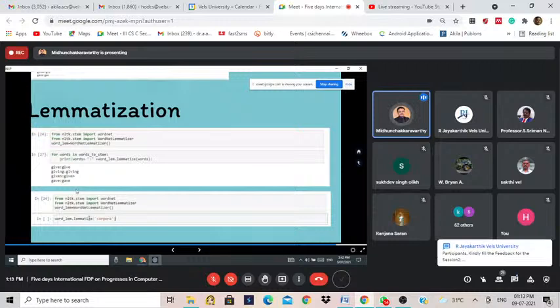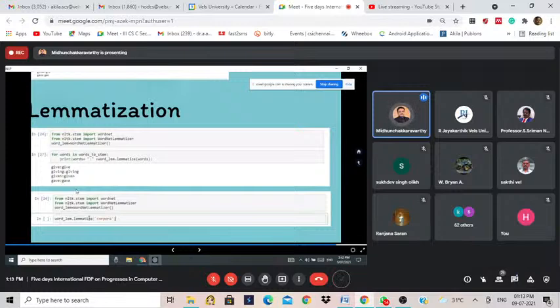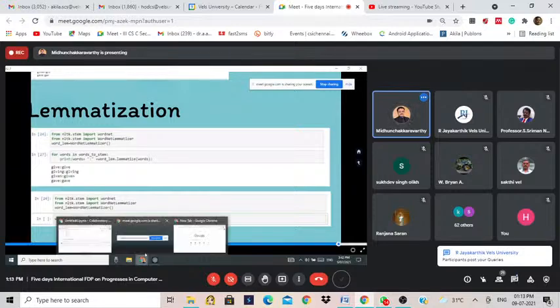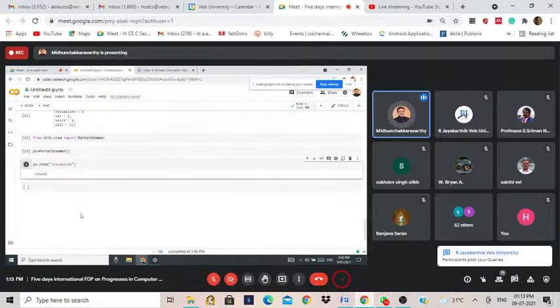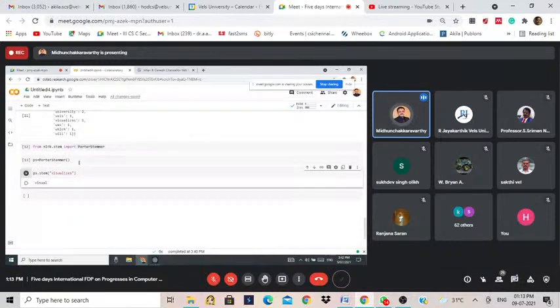They use stemming only for removing the stop words, then they start using lemmatization. Lemmatization is the best part, so that you won't lose the meaningful data.